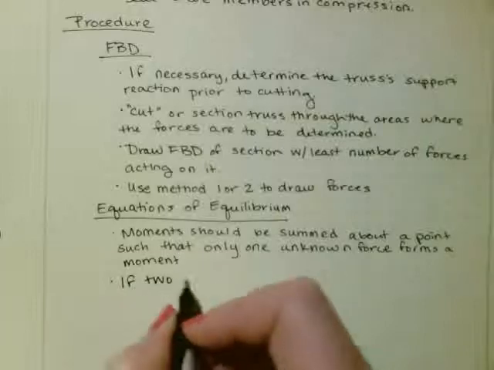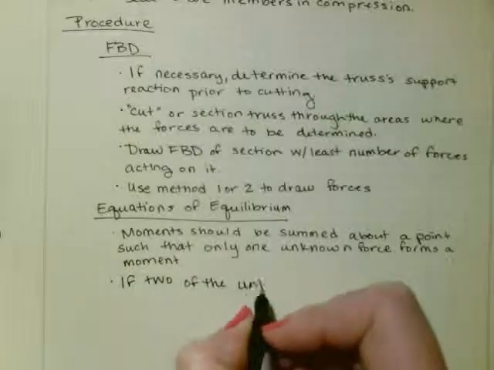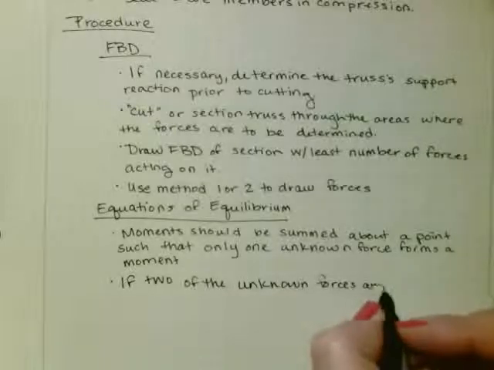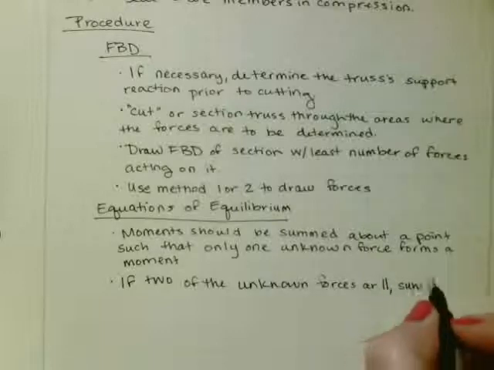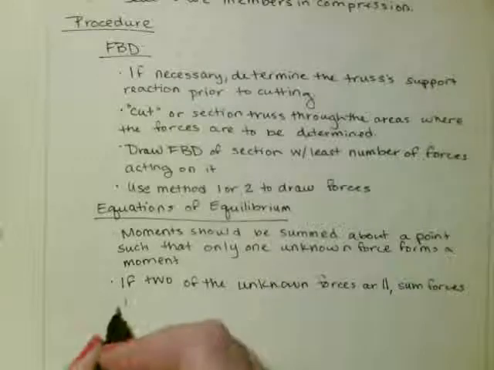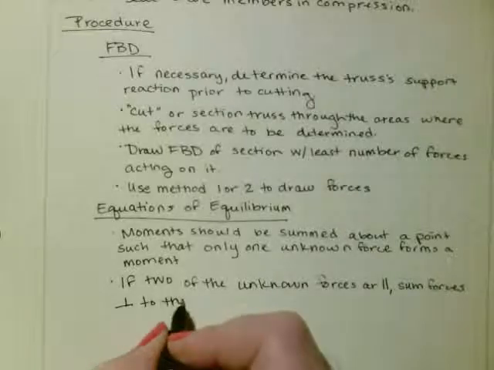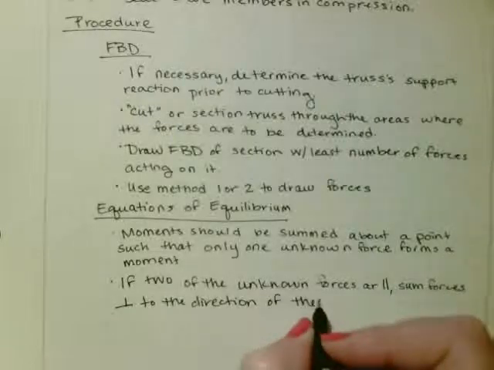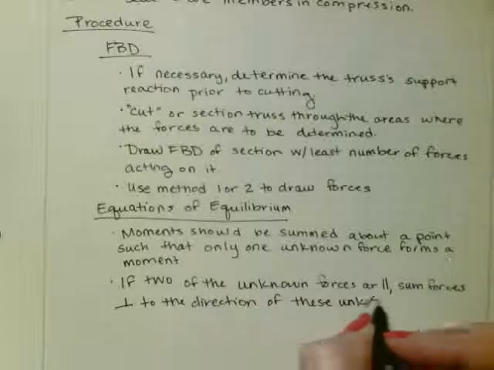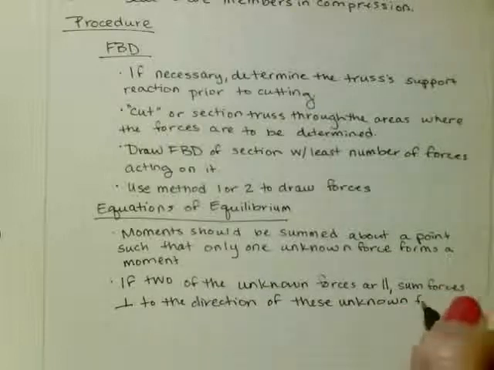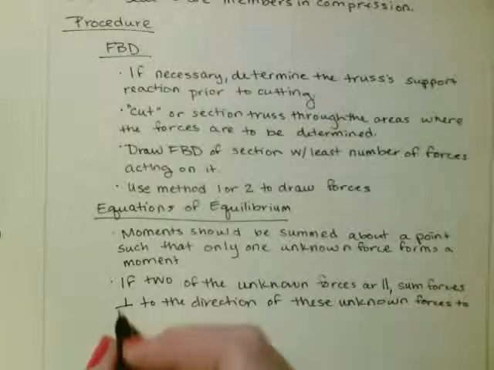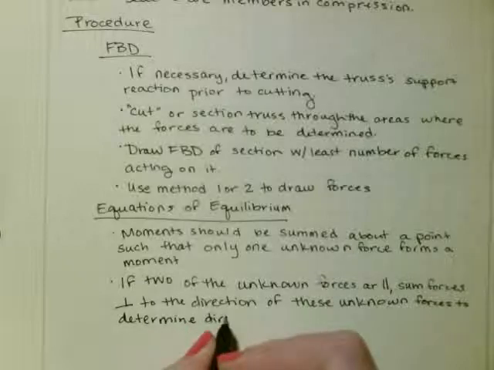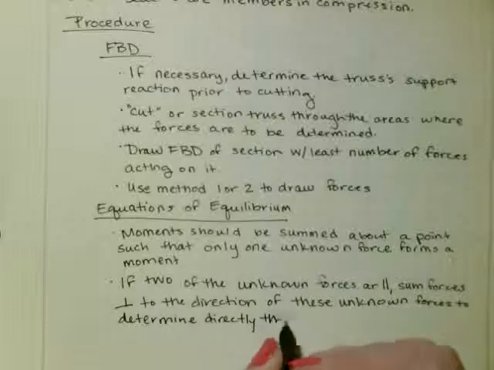If two of the unknown forces are parallel, sum forces perpendicular to the direction of these unknown forces to determine directly the third unknown force.